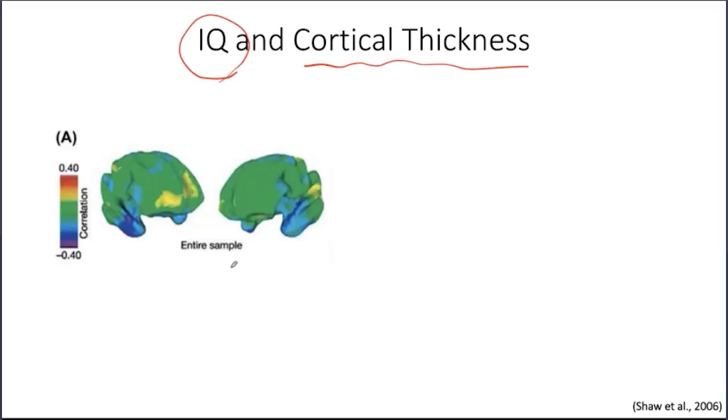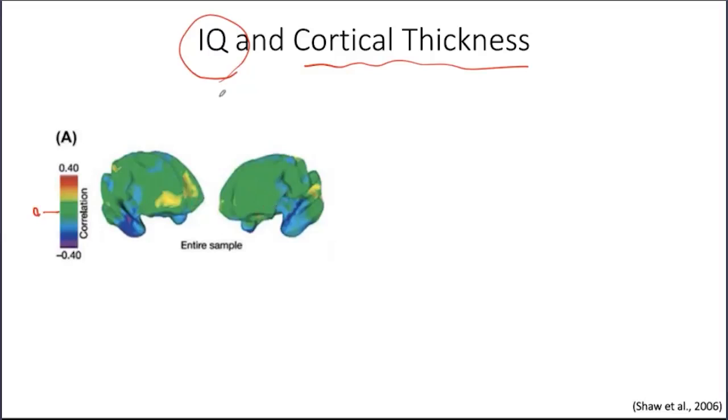People have done that in a sample of subjects. They realized in most of the areas in the brain, the correlation is, I should put 0 here, so 0 to 0.4 to minus 0.4. In almost all the parts of the brain, the correlation was close to 0.